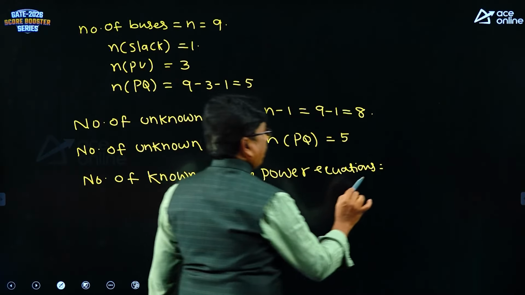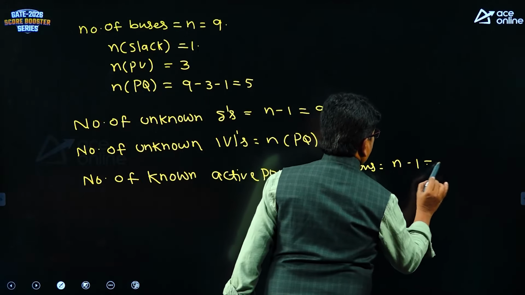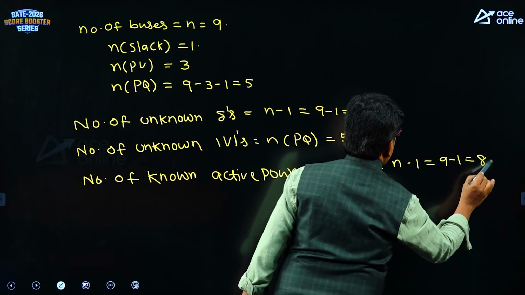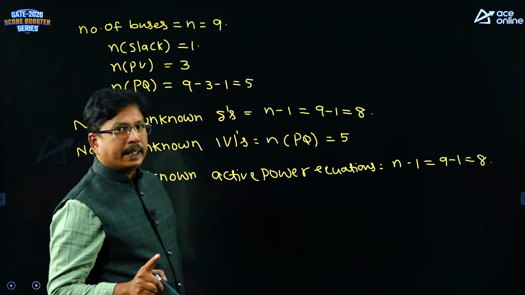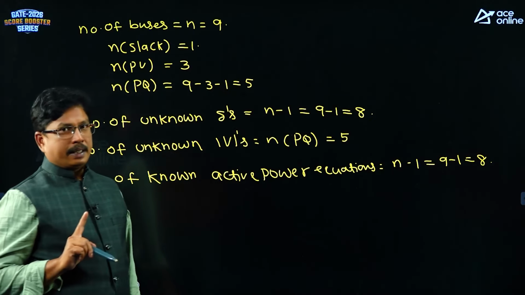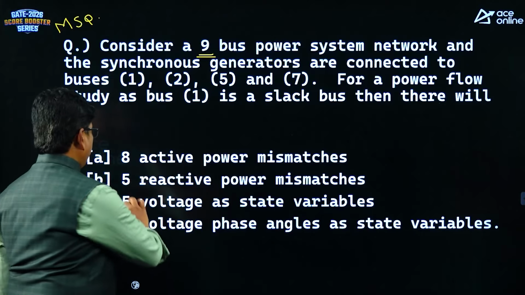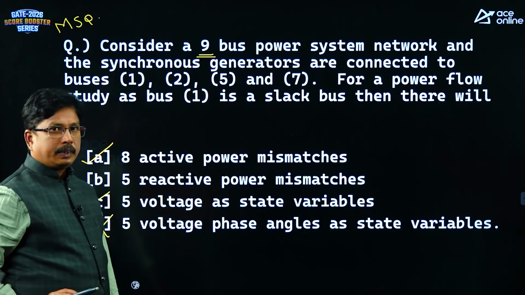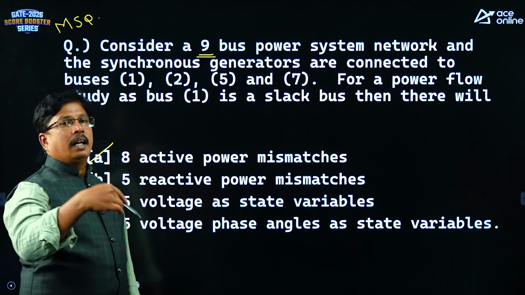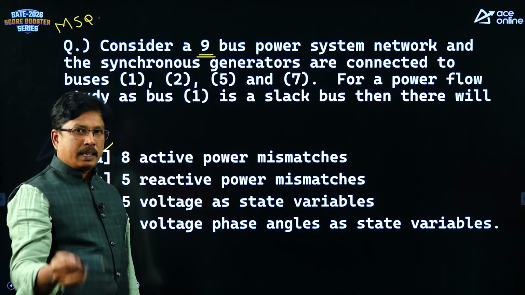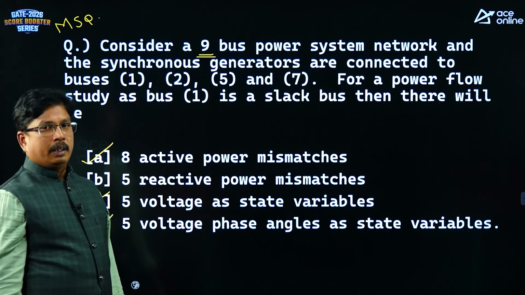So it will be n minus 1, which is 9 minus 1, equivalent to 8. Therefore, there are 8 active power mismatches. Mismatch means there may be a difference between the calculated value and the specified value. That's why we have to go for the next iterations.